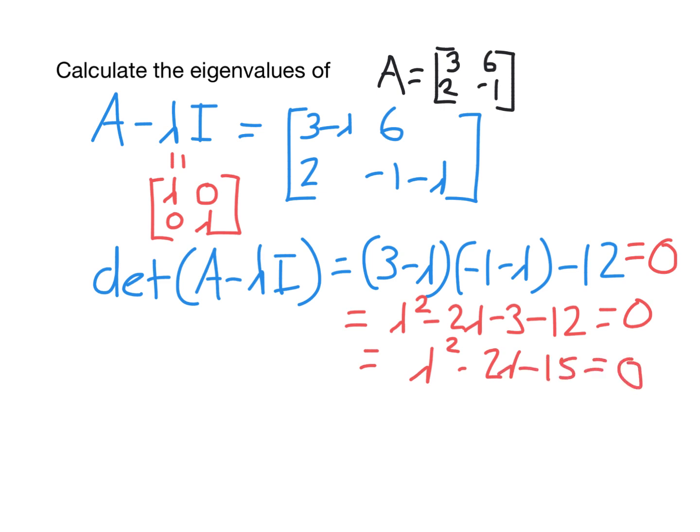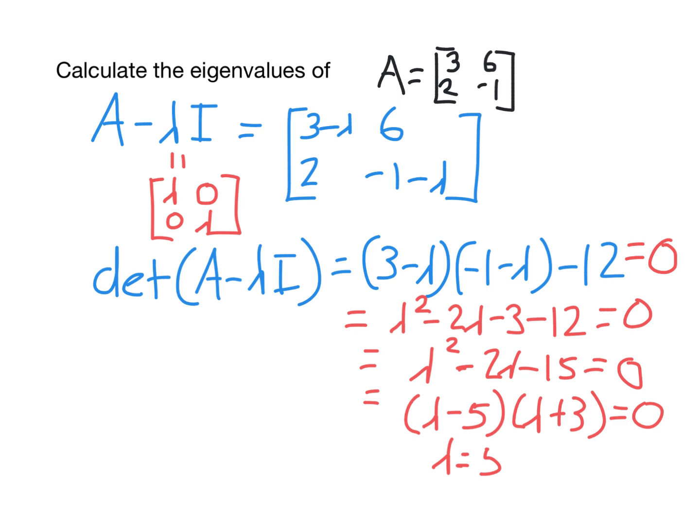So we can just solve this quadratic through factorization. The two numbers that multiply to negative 15 and add to negative 2 are negative 5 and positive 3. So the two solutions to this equation are 5 and negative 3. So these are the two eigenvalues of our matrix here.